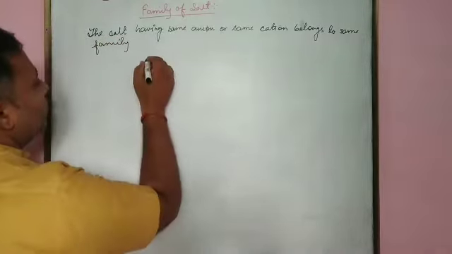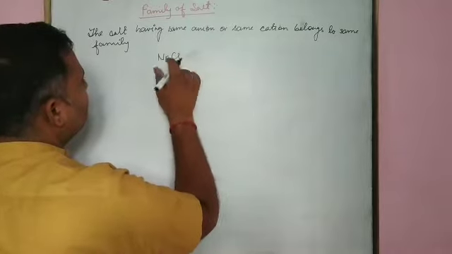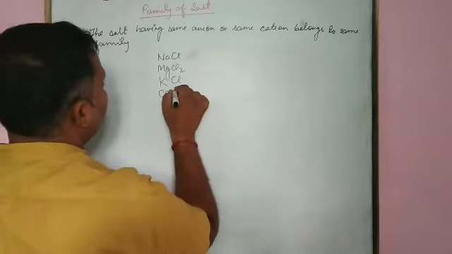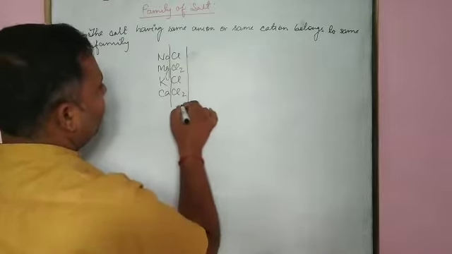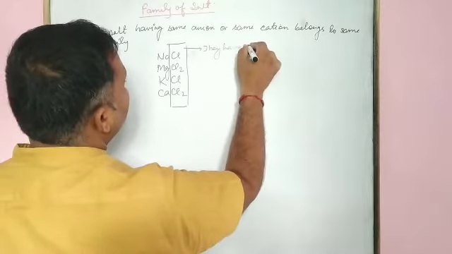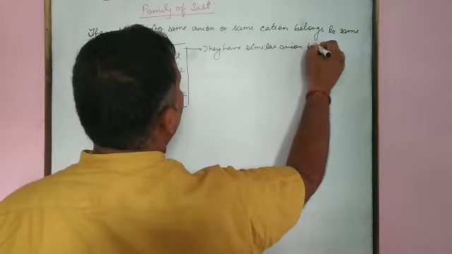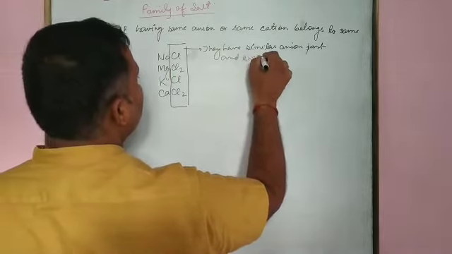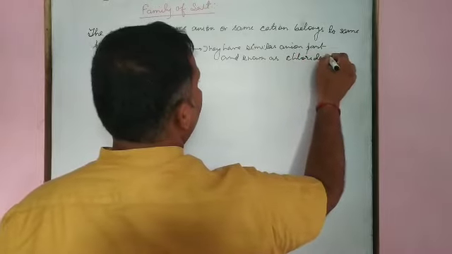For example, if we are discussing NaCl, MgCl2, KCl, CaCl2, what we see is they have similar anion part and are known as chloride salts.